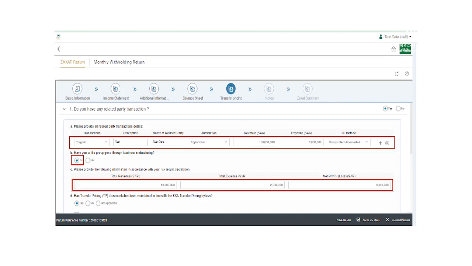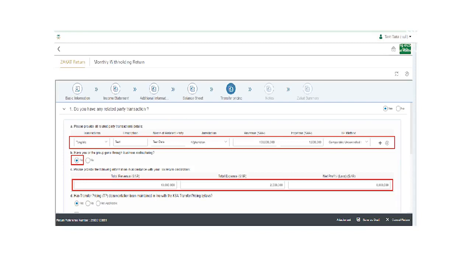So here the first thing is the 4 groups that we discussed: tangible, intangible, financial, services. You have to select the type of the transaction, and then you add descriptions on that transaction. For example, if you bought raw material, then you have to add here bought raw material from this taxpayer, and you mention his name here, which is the name of the related person from whom you bought that.